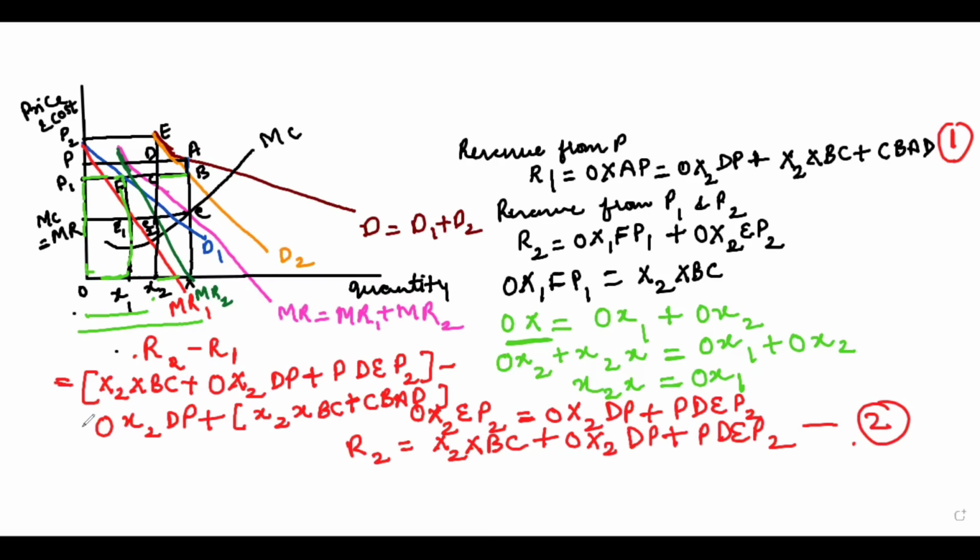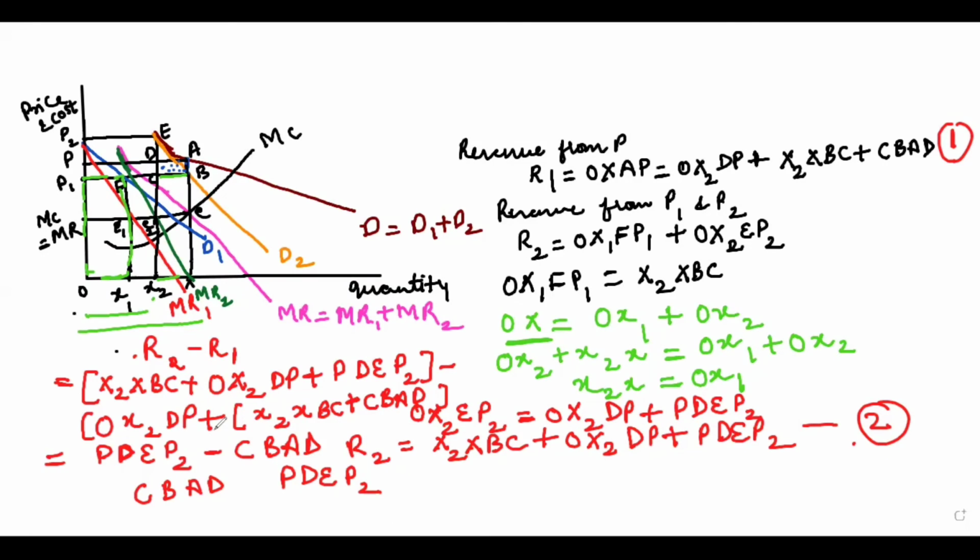So what is finally left here is PDEP2 minus CBAD.